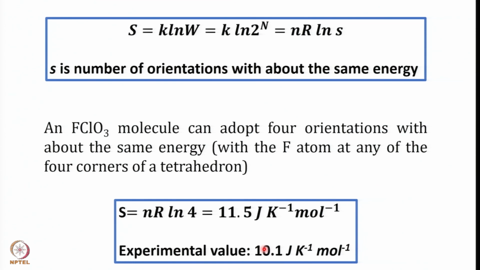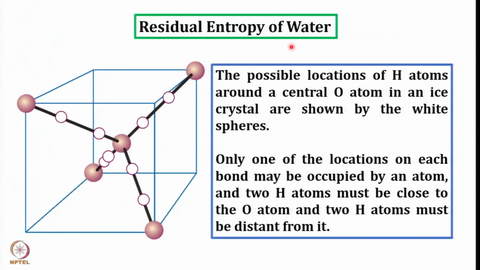So, I hope it is clear how to theoretically calculate the residual entropy. You are going to use the formula NR log s, where s is the number of orientations with about the same energy. With this knowledge, let us move ahead.